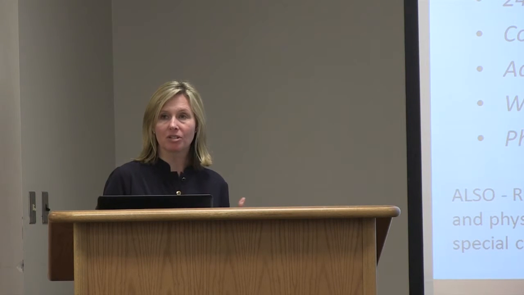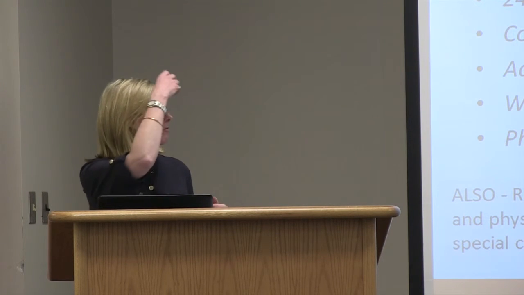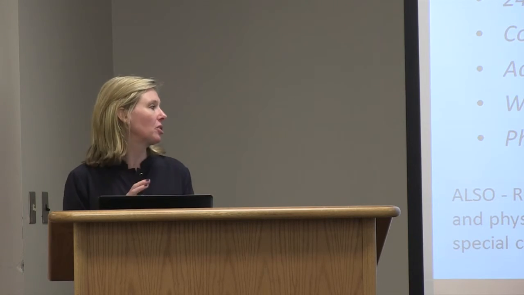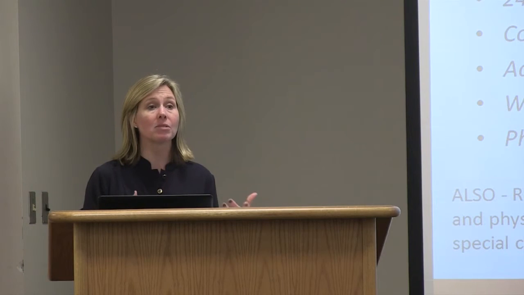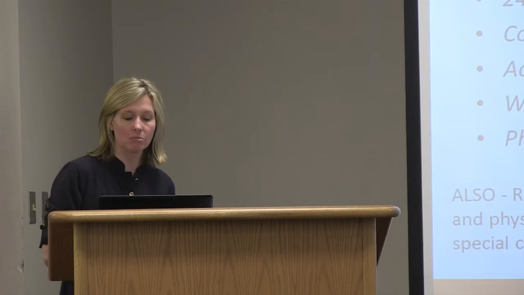In most skilled nursing communities, there's a component of rehabilitation, which could include speech, occupational and physical therapies, and specialized therapies for specific conditions such as COPD or chronic heart failure. So there are some specialty programs that are supported within a skilled nursing community.